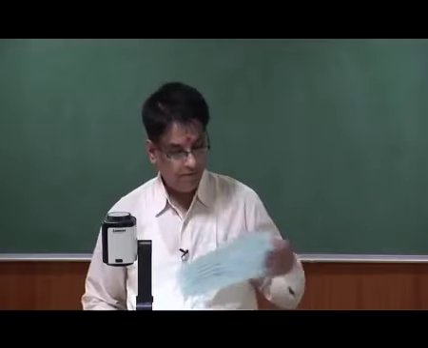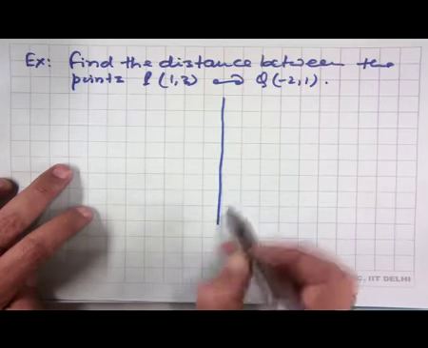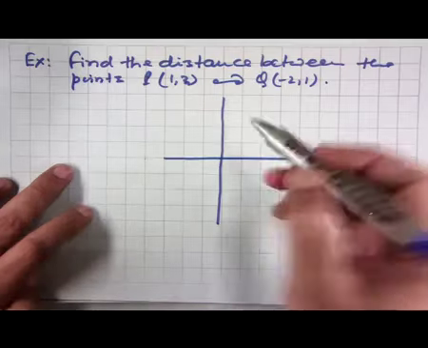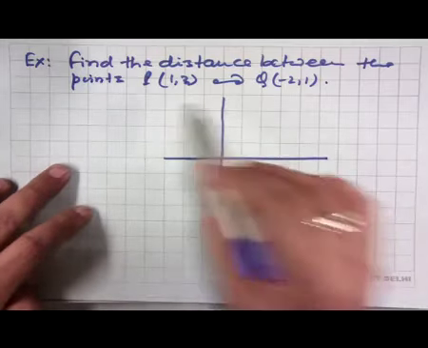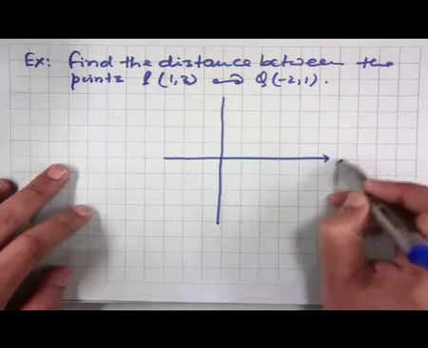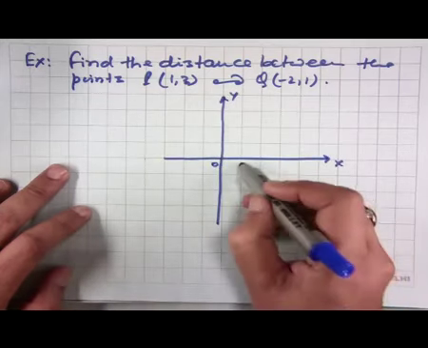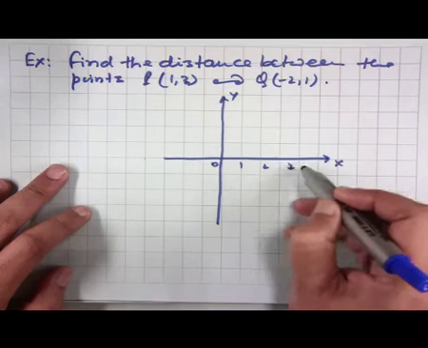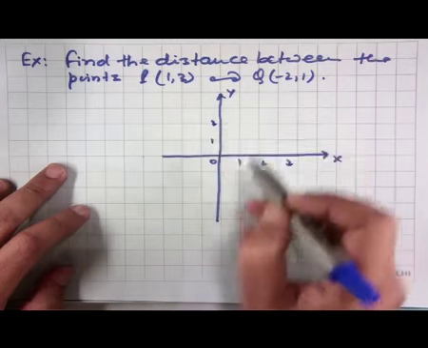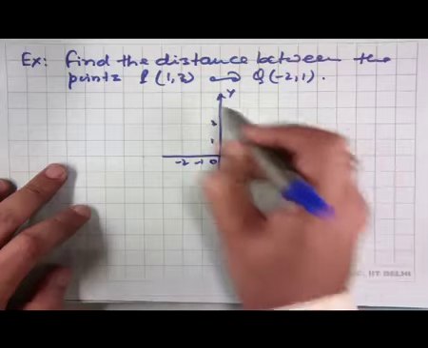Now, we have some problems. Let us discuss one problem on the distance formula. We have 2 points P(1, 3) and Q(-2, 1). So this is the x-axis and this is the y-axis, this is the origin. P(1, 3): 1, 2, 3, and this is 1, 2, and this is minus 1, minus 2.